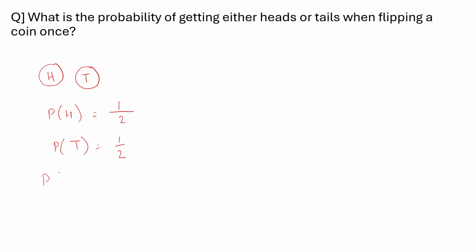So now the probability of getting a head or a tail is 1 by 2 plus 1 by 2. That is 2 by 2, right? So that is 1. This is the probability of getting a head or tails.